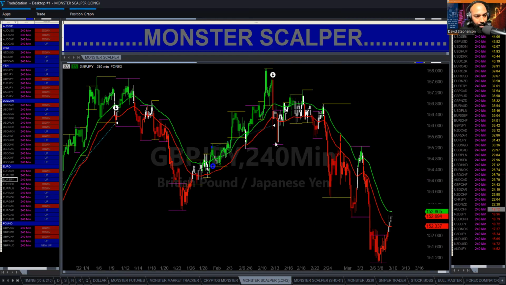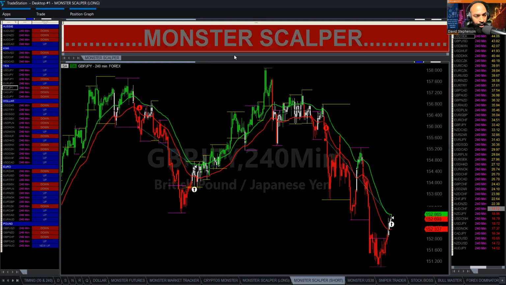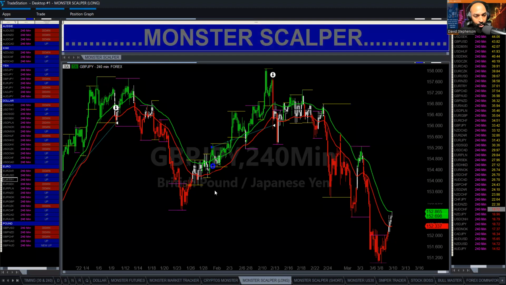I hate it. So we have our long signals here and our short signals here. It will really mess you up. That's why with Monster Scalper, we have our long window here, so we only look at longs, and our short window here, so we only look at shorts. For exactly that reason, Peter.